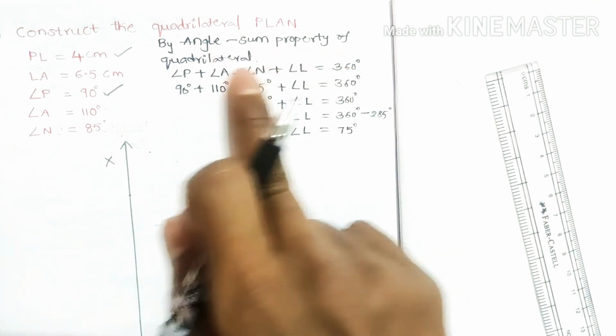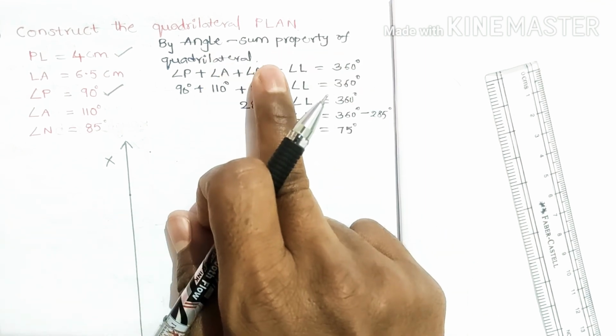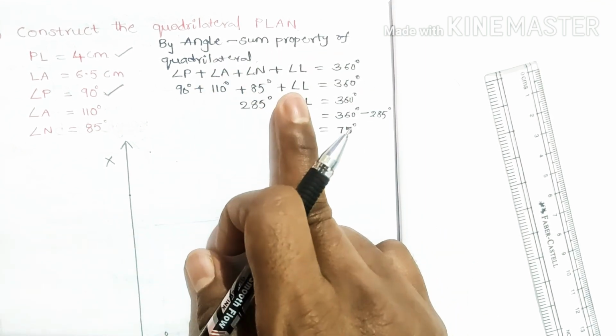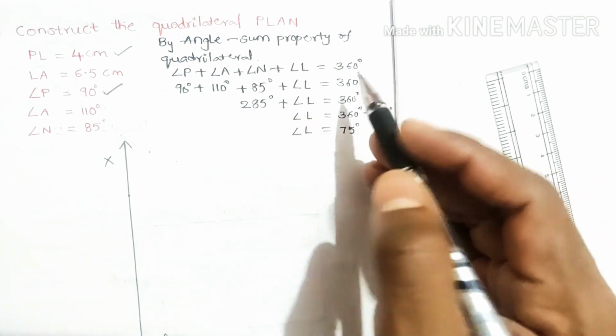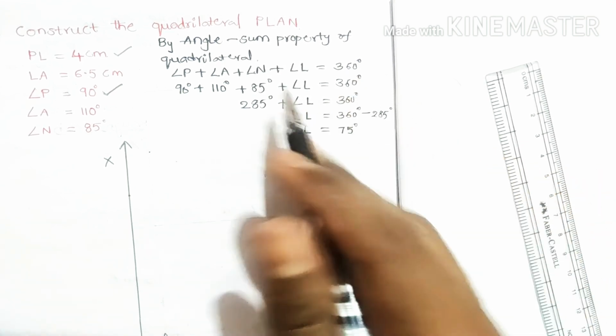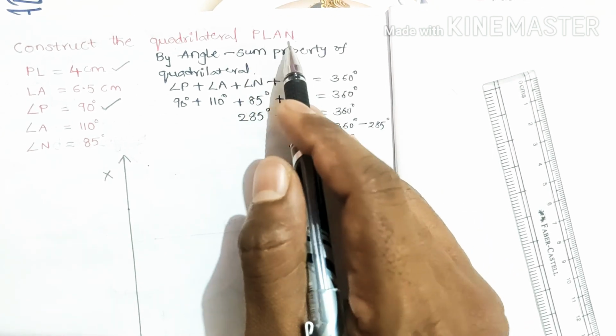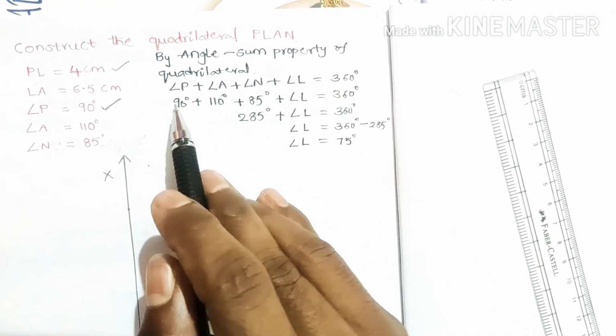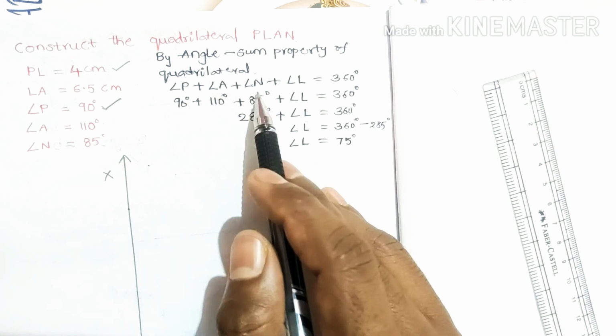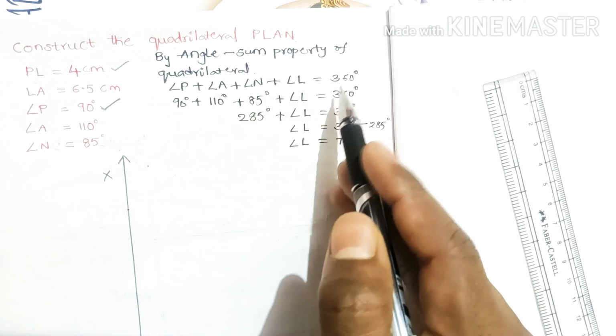The angle sum property of quadrilateral tells us that the sum of the four interior angles of a quadrilateral is equal to 360 degree. Here it is the quadrilateral PLAN. So all the four angles sum is equal to 360 degree. Angle P plus angle A plus angle N plus angle L equal to 360 degree.